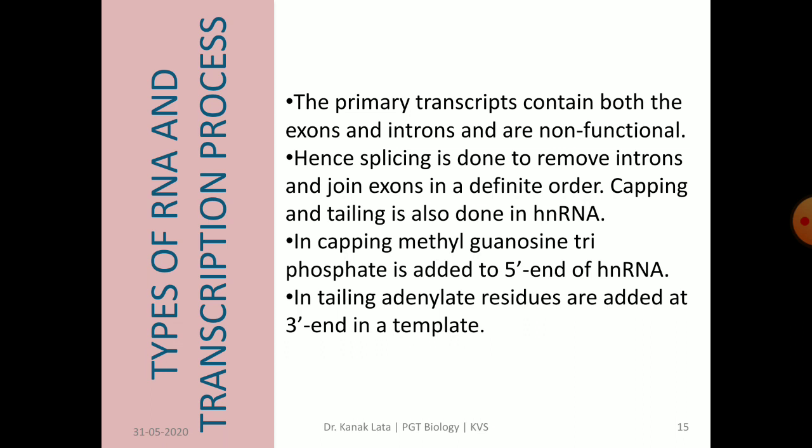Then what is done? Capping and tailing is done in heterogeneous nuclear RNA. In capping, methyl guanosine triphosphate is added to the 5' end of hnRNA, that is heterogeneous nuclear RNA. And in tailing, adenylate residues are added at the 3' end in a template.